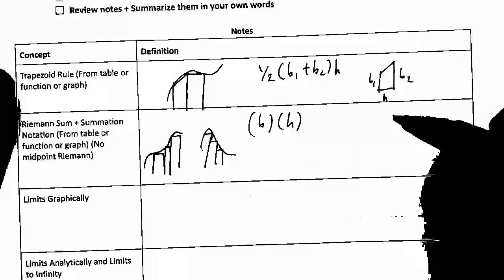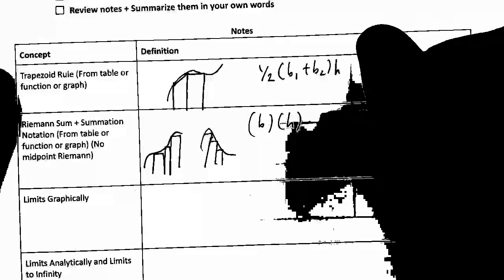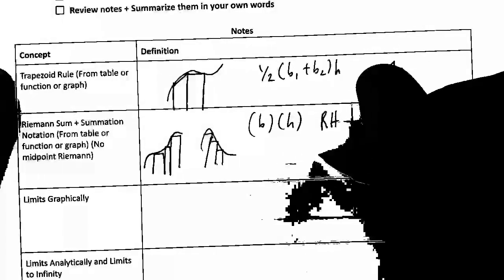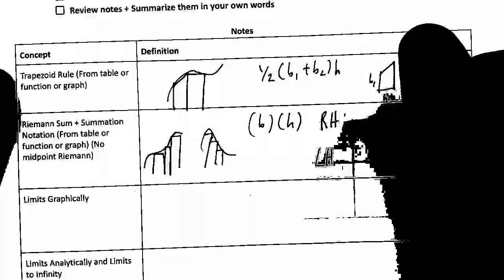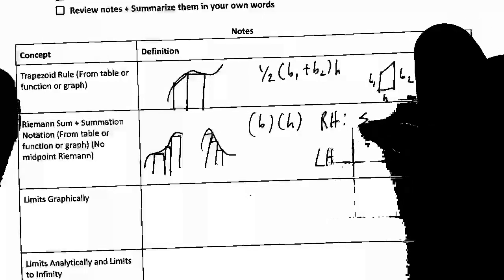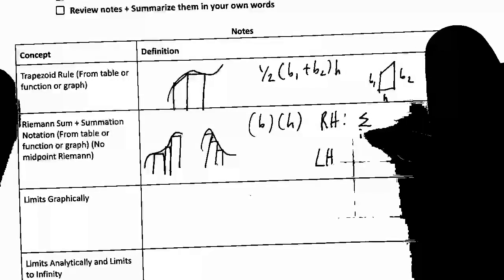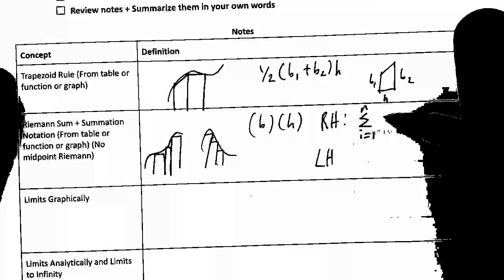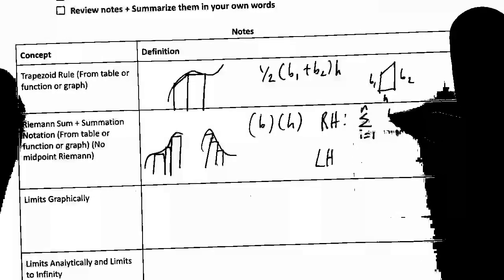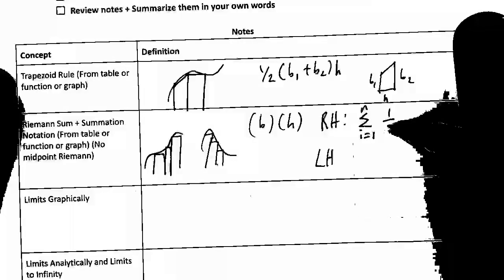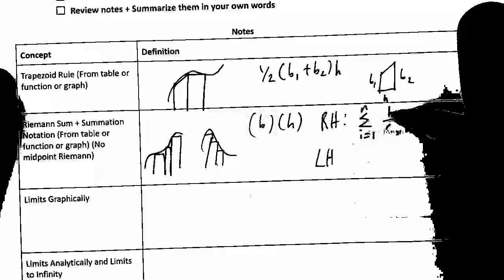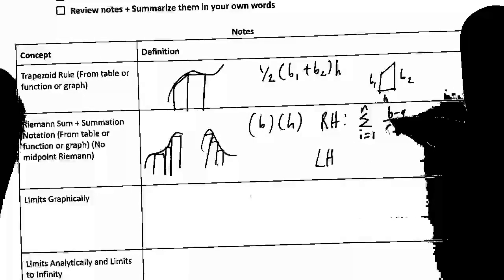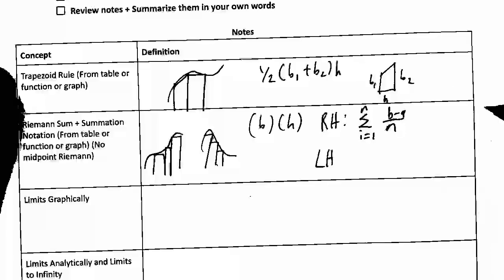When we talk about summation notation, we have 2 situations. We have right-handed and we have left-handed. For right-handed, you take the sum, you start at 1 and you go to n, and on the inside it's, sorry, not 1 over n, b minus a over n.